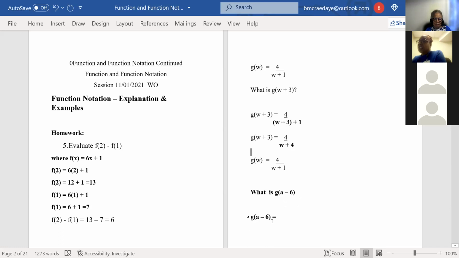G of A minus 6 would be 4 over. Let me just copy this over. Take out that equal.